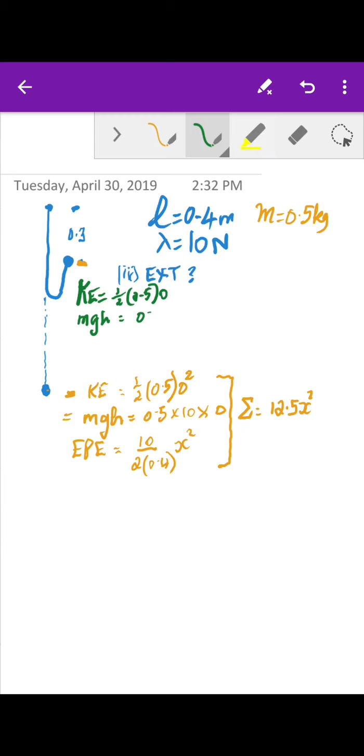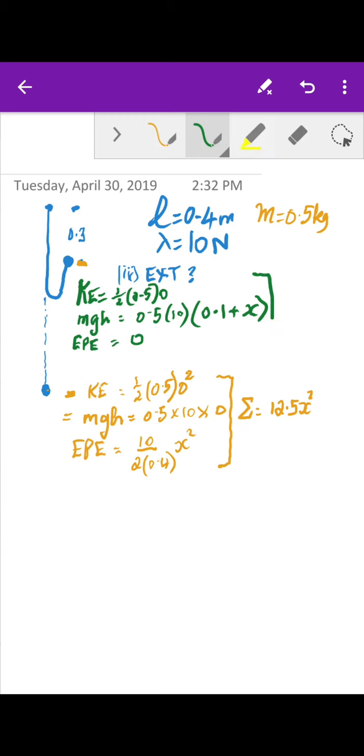So mass is 0.5, gravity is 10. Now here the height, it's going to drop 0.1 meters before its natural length, and then the x. So it's going to drop 0.1 meters plus that x, which is the stretch factor. And its elastic potential energy is also 0 because there's no stretch.